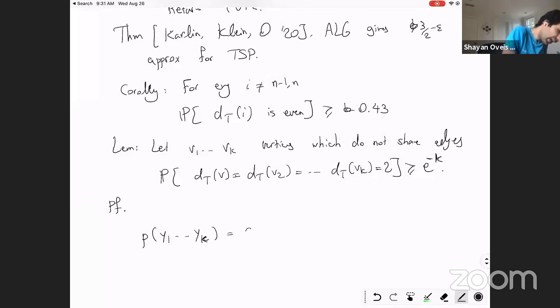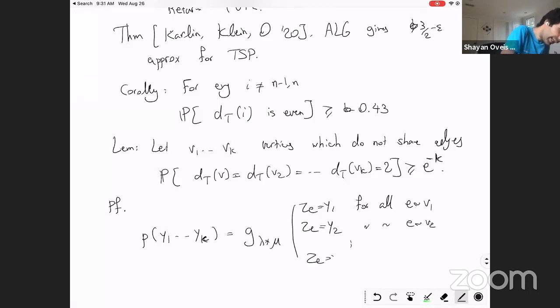I look at g of lambda star mu, the generating polynomial of my random spanning tree distribution with marginals x, and I do the following. I set z_e equal to y1 for all e which are neighbors of v1. Then I set z_e equal to y2 for all e which are neighbors of v2.